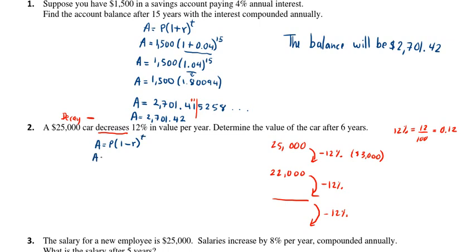So we need to find the new amount. The original value of the car is $25,000. It's losing value at 12%, which is 0.12. And we need to find the value of the car after 6 years. So the exponent is going to be 6.